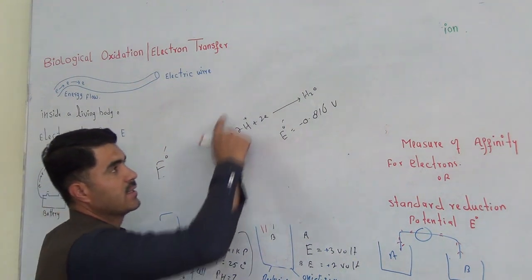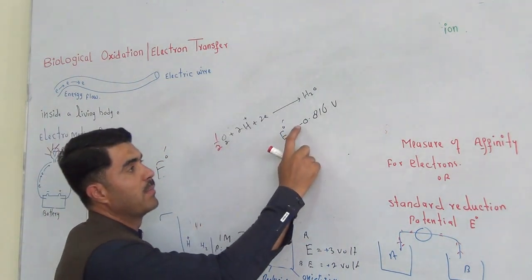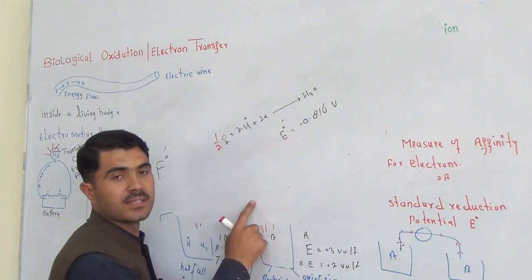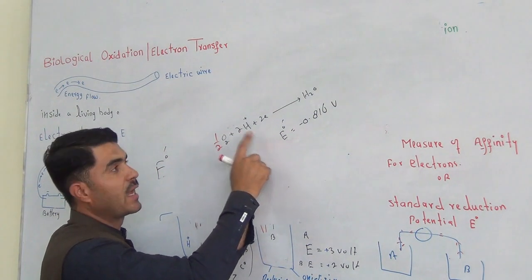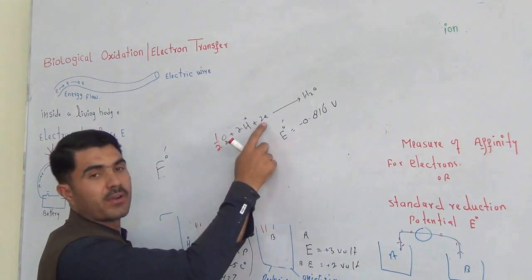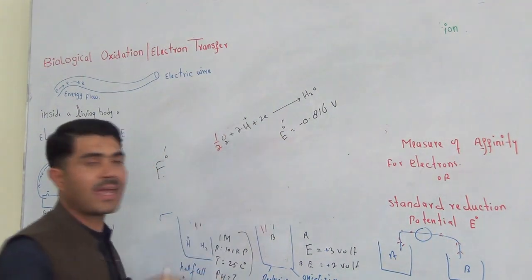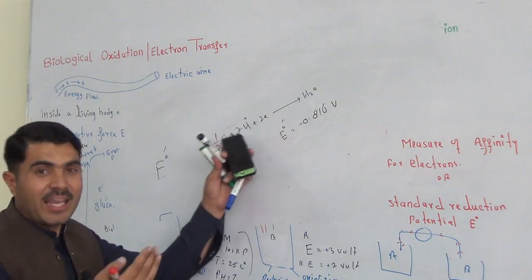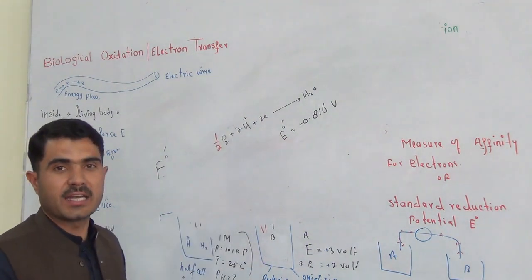It means that this reaction has its reduction potential of minus 0.816. It means this reaction has very little affinity to gain electrons, because it is negative. The more negative means the lesser affinity, and the more positive means greater affinity.